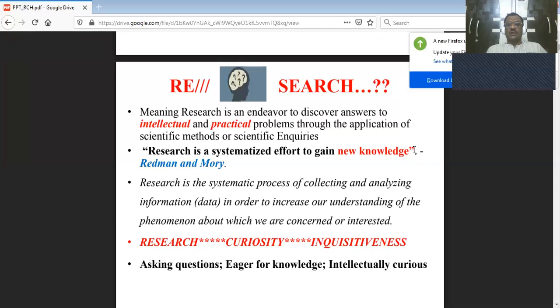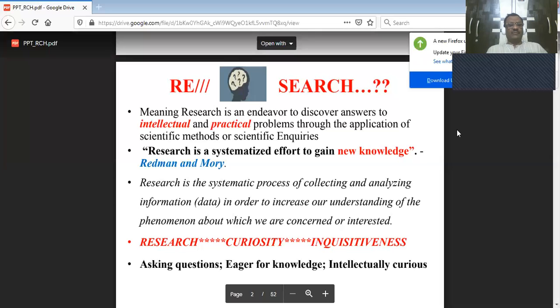Crises will be there, problems will be there all the time. At the same time, there are solutions simultaneously. The interest of a researcher is to find these simultaneous answers for the simultaneous problems. It's a never ending process.